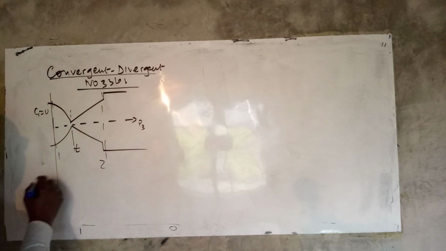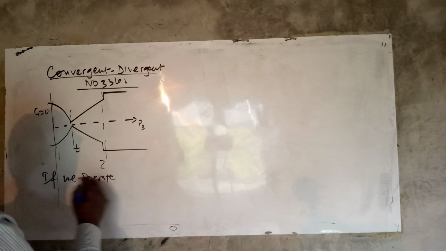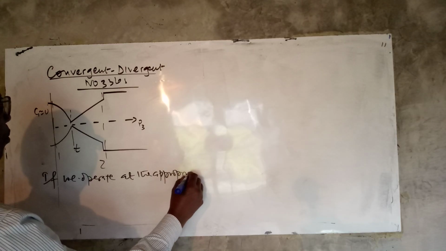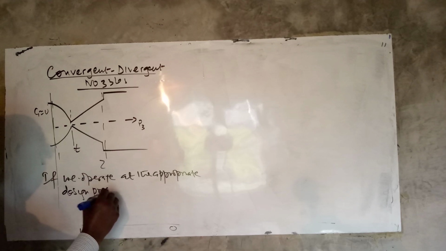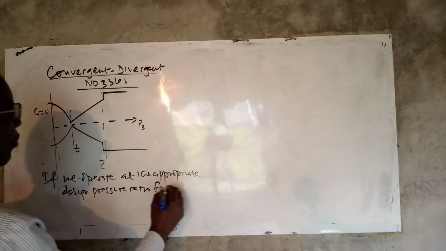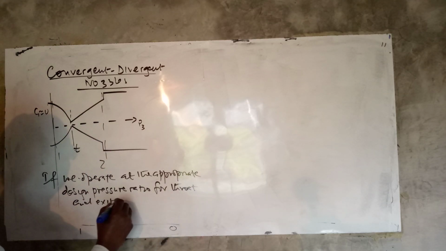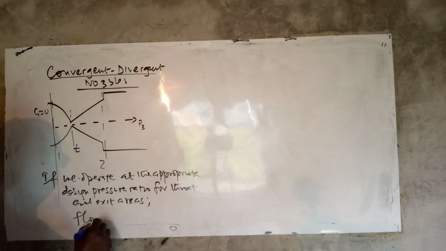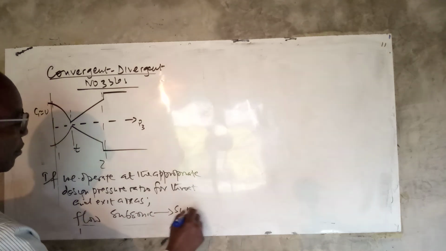So just know that if we operate at the appropriate design pressure ratio for throat and exit areas, then we'll have our flow from subsonic to supersonic velocity.